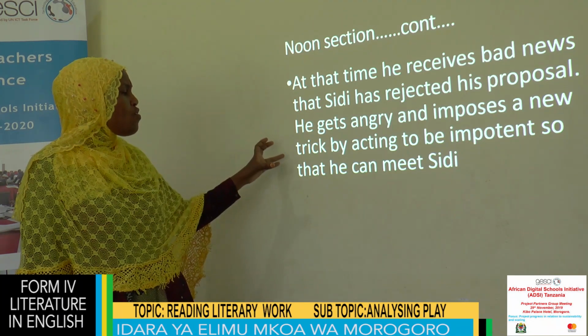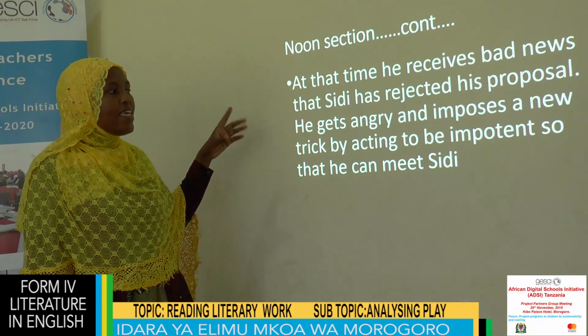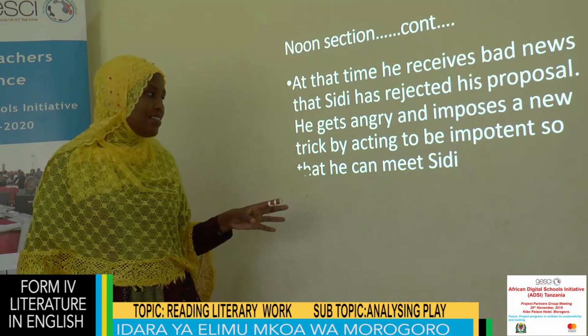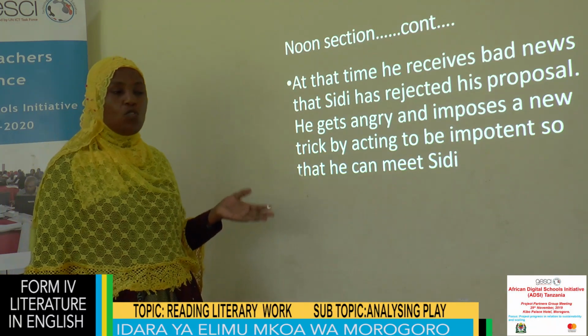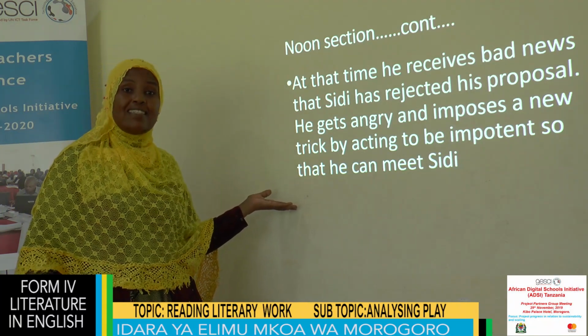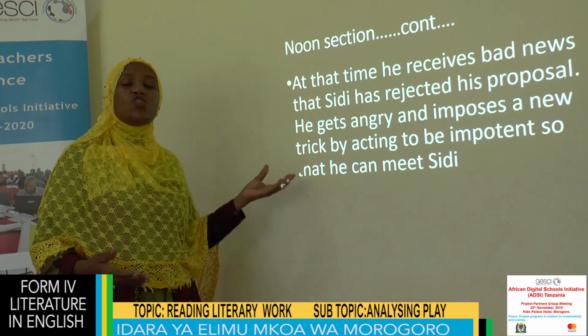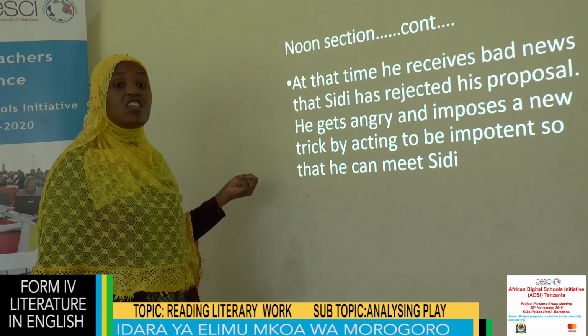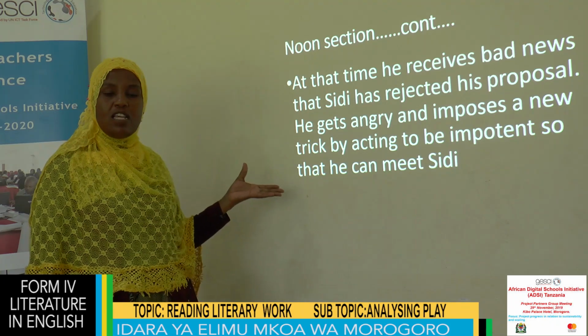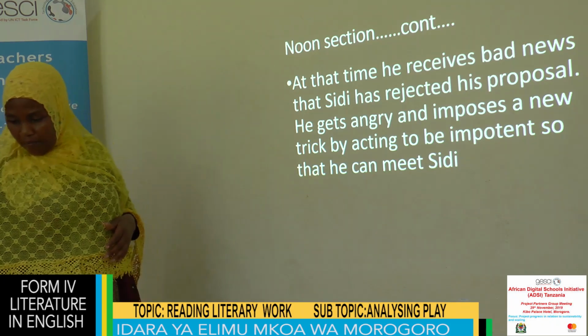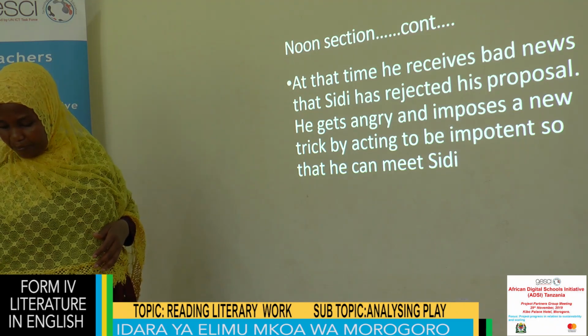Even Sadiku did not recognize that trick. He acted to be impotent. That means he is no longer sexually active, so even if Sidi gets there, Mr. Baroka cannot do anything because he is no longer sexually powerful. So Sidi has nothing to worry about when going there.